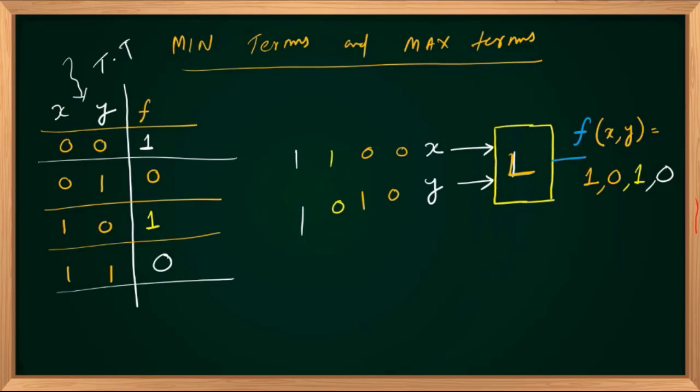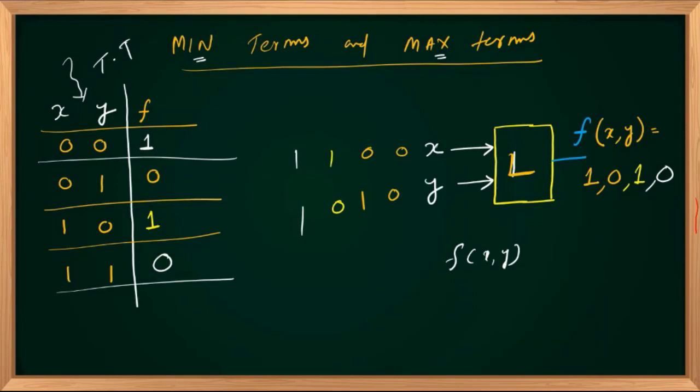So my aim is to represent the function F of X comma Y using min and max terms, right? A Boolean function can be represented by either using min terms only or using max terms only. Two possibilities are there.